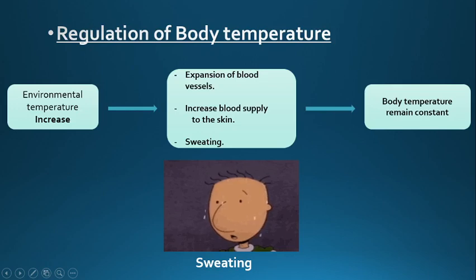This sweat evaporates by consuming body heat, so the body heat goes down. Because of this, when the environmental temperature increases, our body temperature does not go up. It remains at a constant level.